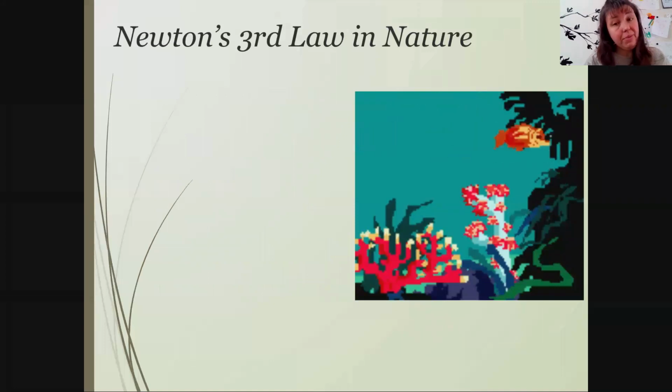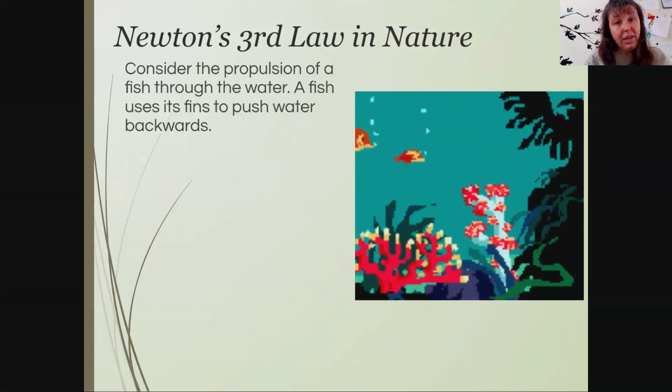A great example of Newton's law in nature is in fish. When you think of the fish, they push their fins back and the water propels them forward, equal and opposite reaction, right? So they're pushing back with their fins, and that creates the water force to push back at them equally and opposite, so it accelerates them forward.